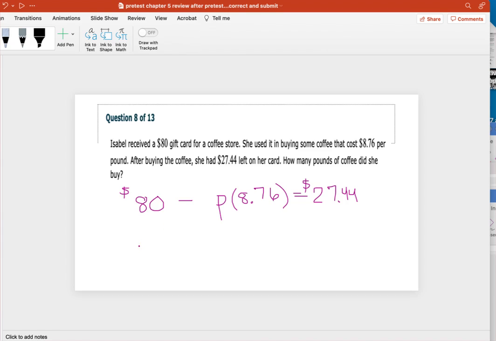So now we're going to have 80 minus 8.76 P equals 27.44. Okay, so now we are going to try to get the p, which is our variable, by itself.